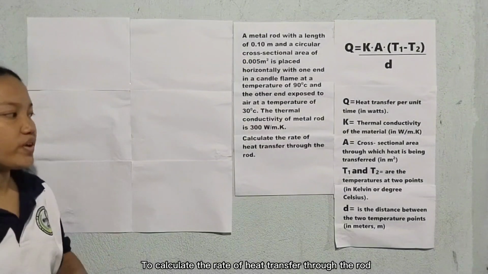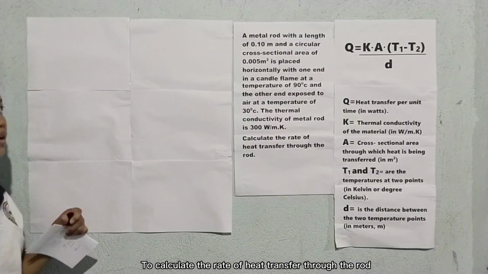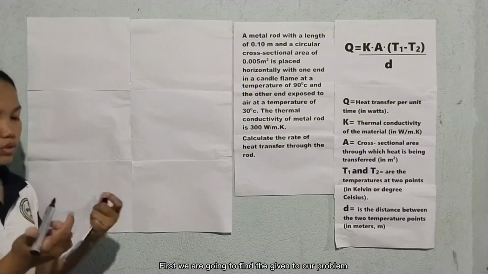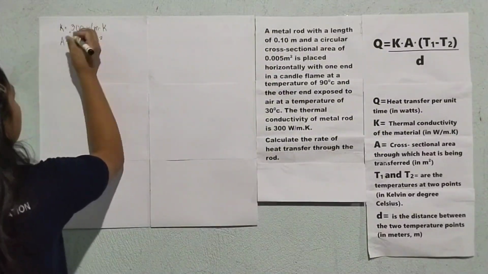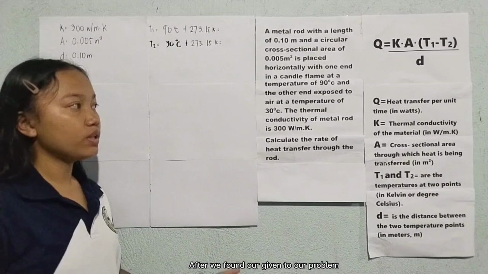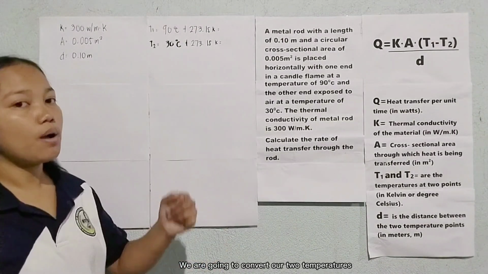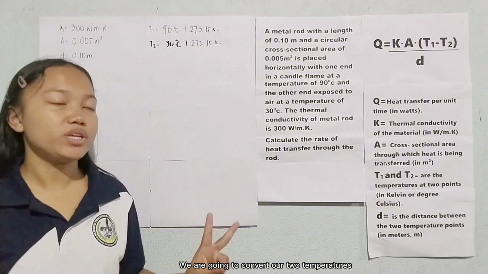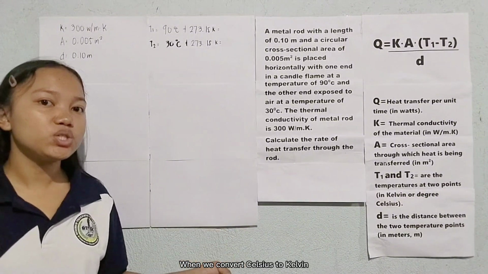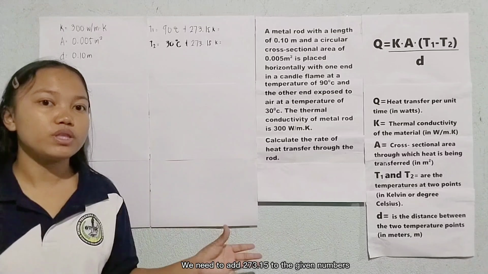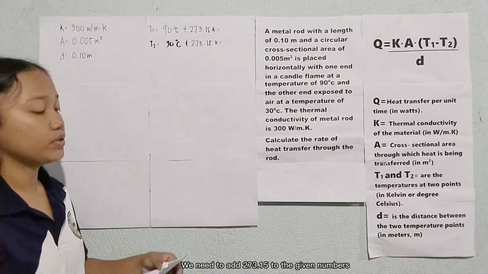To calculate the rate of heat transfer through the rod, first, we are going to find the given to our problem. After we found our given to our problem, we are going to convert our two temperatures. When we convert Celsius to Kelvin, we need to add 273.15 to the given numbers.